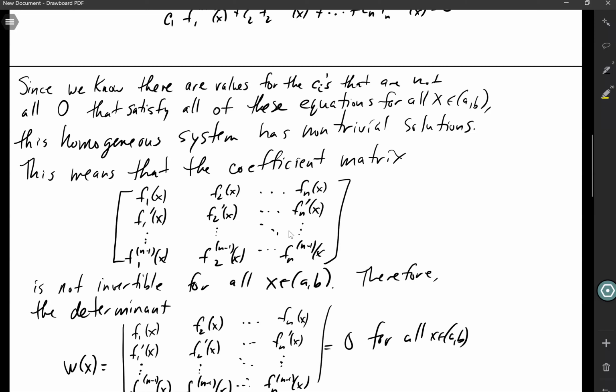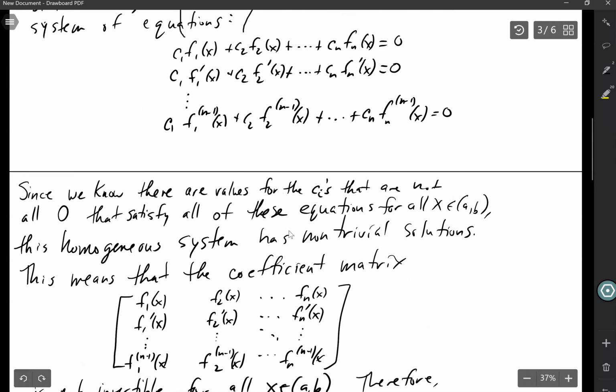So if it doesn't have just the trivial solution, then it's not invertible. And again, this is true no matter what x we plug in, right? With our equations up here, we know these have to be 0 no matter what we plug in for x. That's the important part. It's not for some values of x that make it 0. It means no matter what we plug in for x, it's 0.